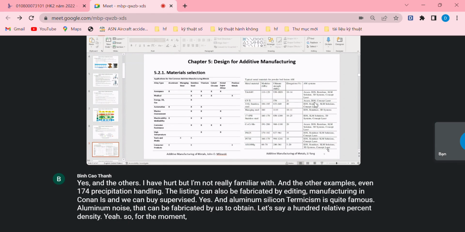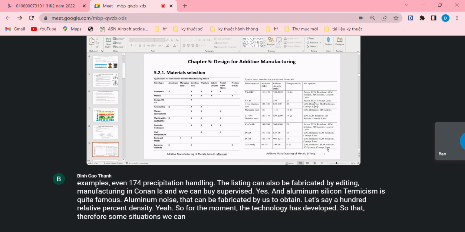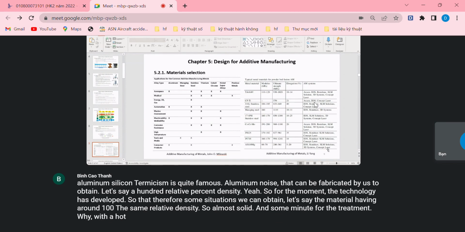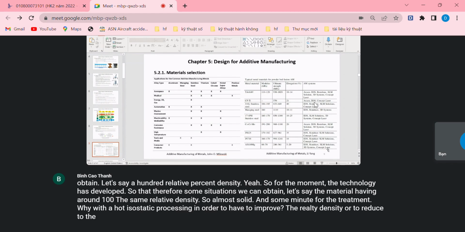For the moment, the technology has developed so that in some situations we can obtain material having around 100% relative density, so almost solid. Some may need further treatment, like hot isostatic pressing, to improve the relative density or reduce porosity to the minimum level.